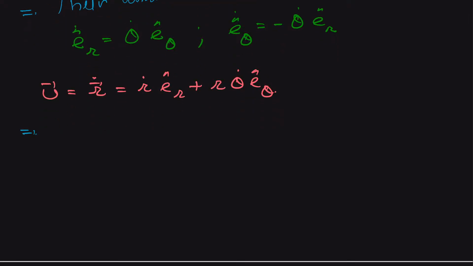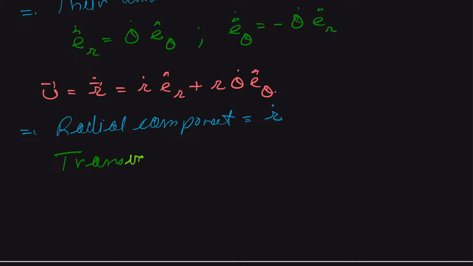One is our radial component and the other one is our transverse, or we can say the tangential component. So from here we can say that the radial component is our r derivative, and we are having our transverse, or we can also say tangential, that is r times the first derivative of our theta.